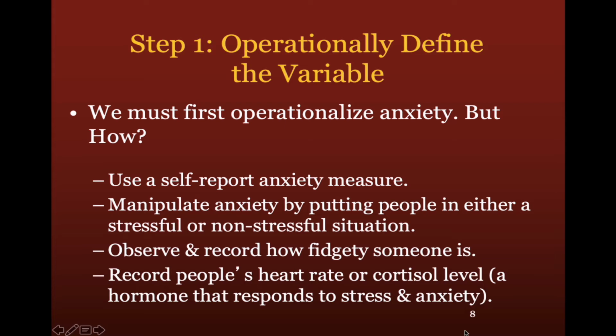We could observe and record how fidgety someone is and use fidgety as kind of a proxy for anxiety. Or we could use more physiological responses by looking at someone's heart rate or their cortisol levels, with the idea being that the higher their heart rate or the higher their cortisol levels, the more stressed or anxious they are.